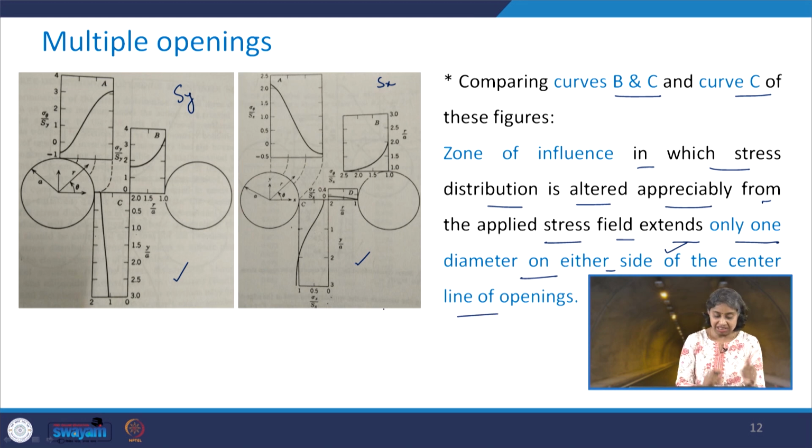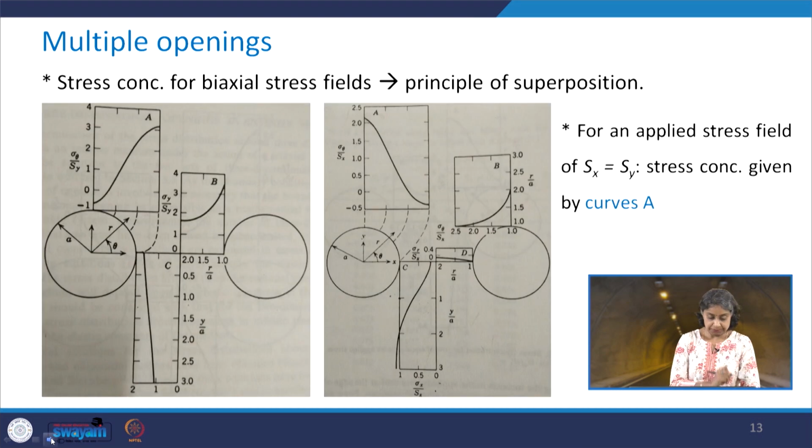So take a look here at B, C and the curve C here. In either condition, wherever there is a change in the stress distribution, it is only up to one diameter on either side of the center line of the opening.